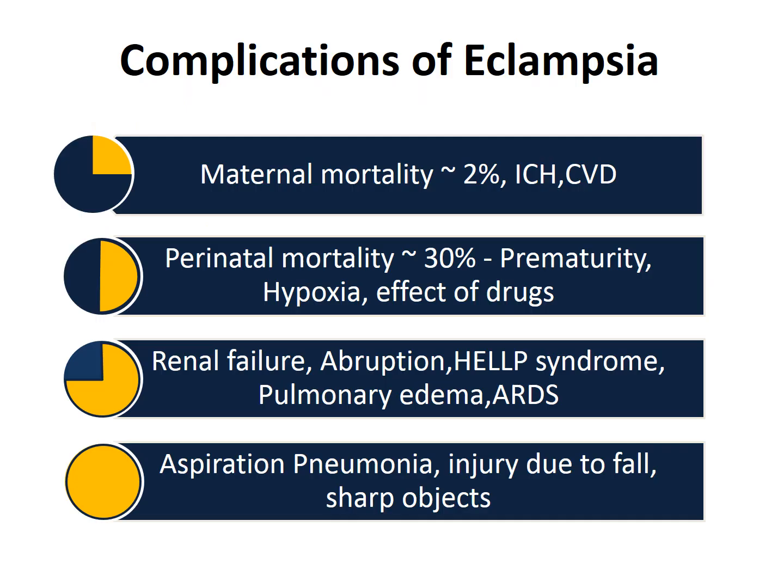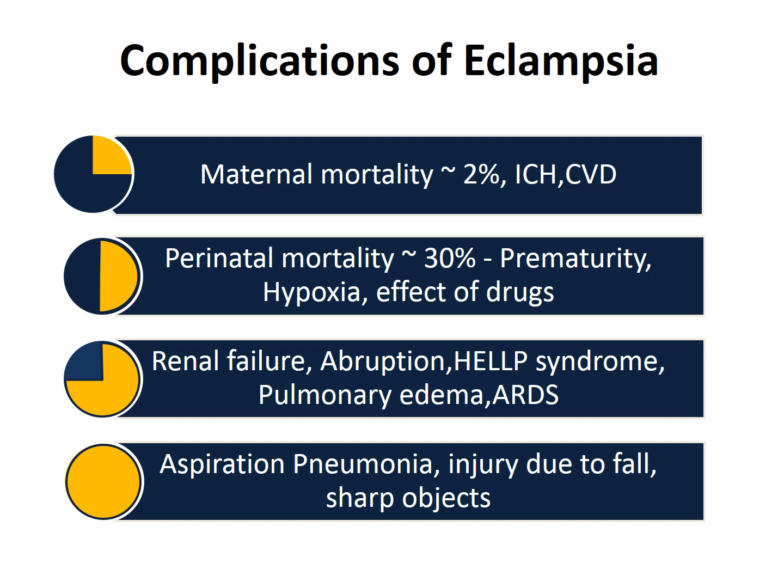Let us see what are the complications that can occur in eclampsia. There is a chance of losing the mother, about 2%, due to intracranial hemorrhage or cardiovascular complication. There is a 30% chance of perinatal mortality due to prematurity, hypoxia, or the effect of the drugs.